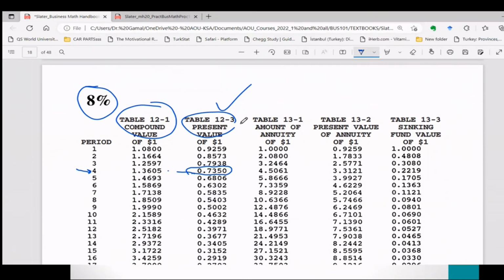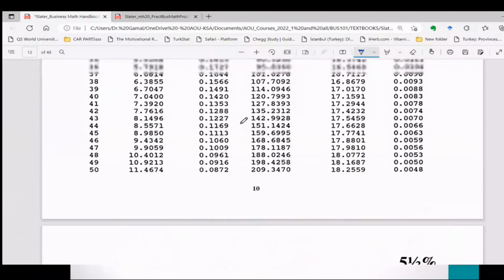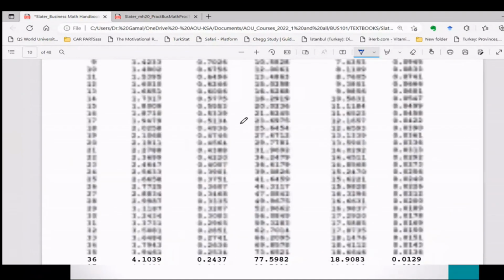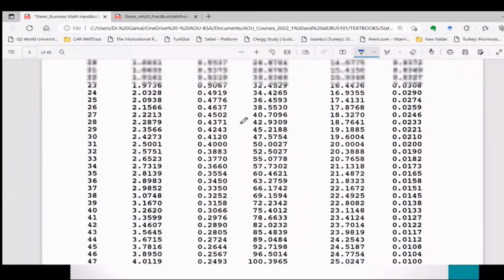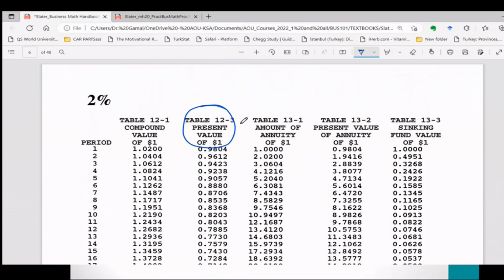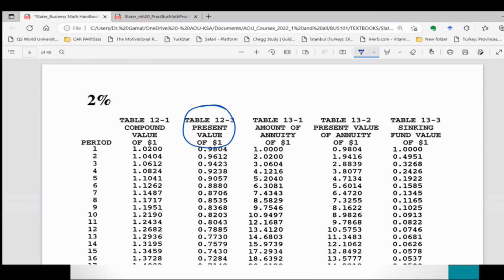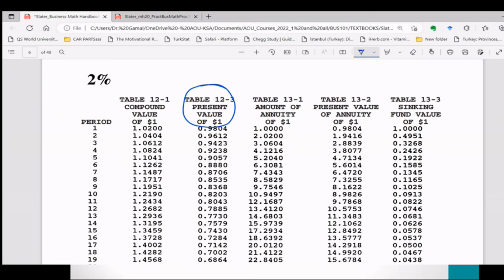This is 8, no, I want 2%. Where is 2%? Yes, this is 2%. And how many periods? 16 periods. So where is 16? Yeah, this is 16.